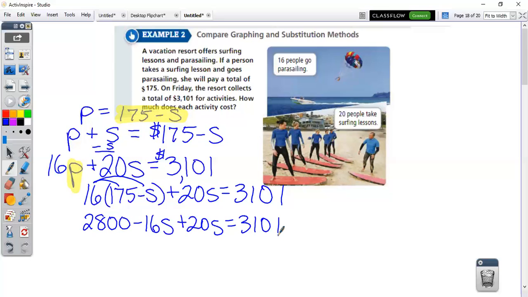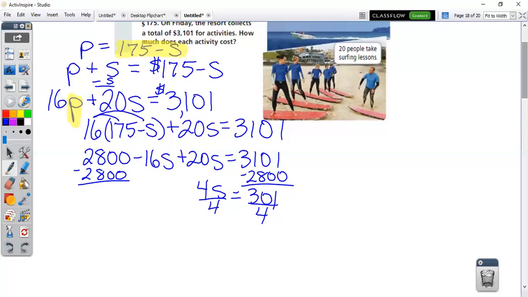I subtract it over, so minus 2,800 on both sides. 301. Negative 16s and 20s. Can I add those? Yes. So what will that be? 4s. And then we divide by 4. I'm running out of room. Come up a little bit.